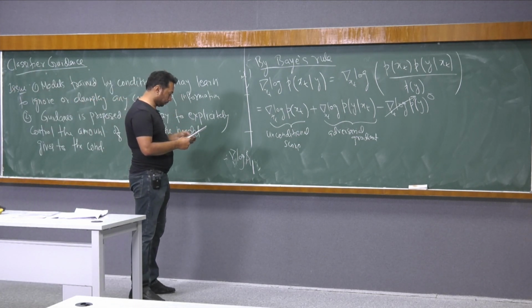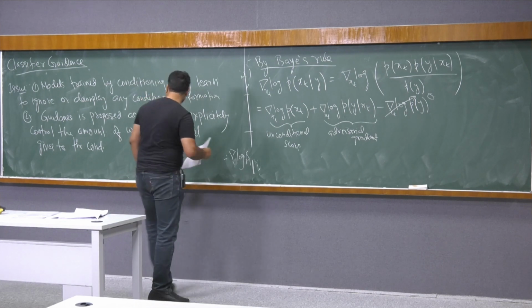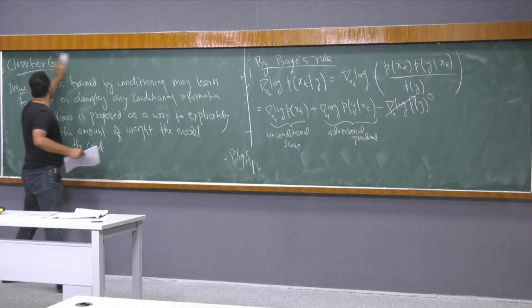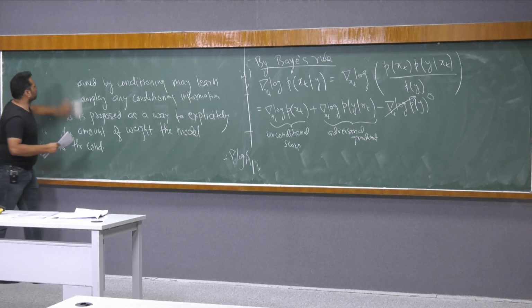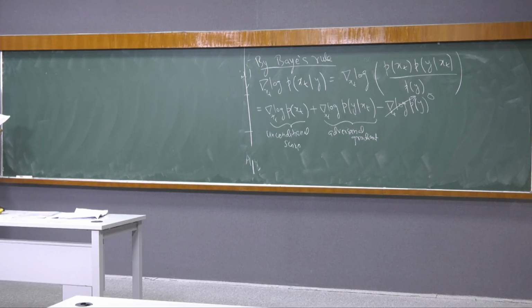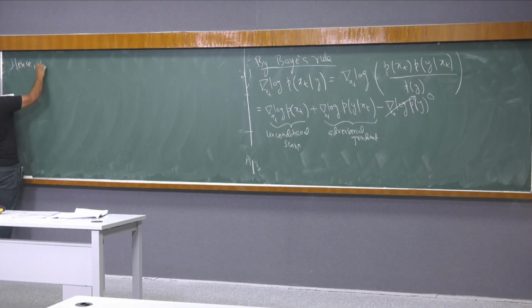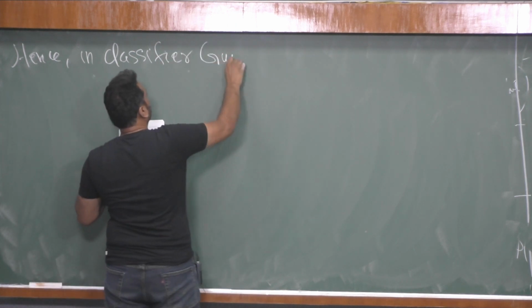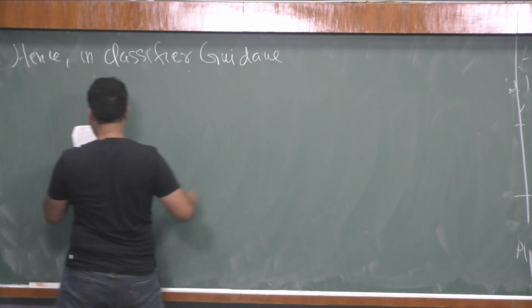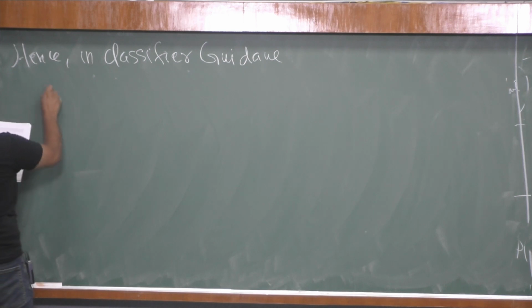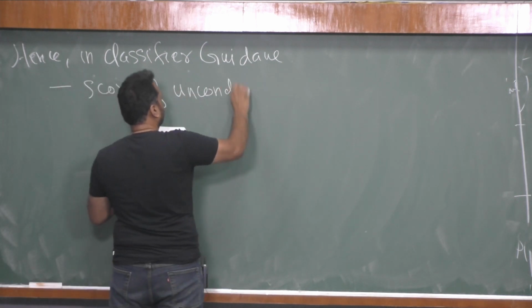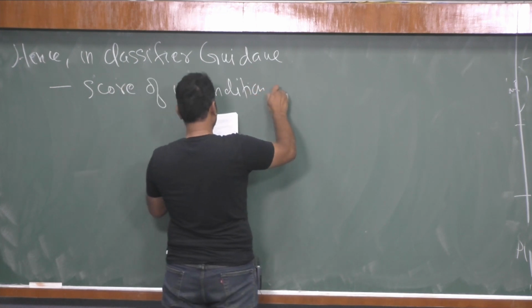But for the moment, the model will learn these two quantities, right? So let me write that in the notes. Okay, so in the classifier guidance approach, what we have is the score of the unconditional model, a diffusion model.